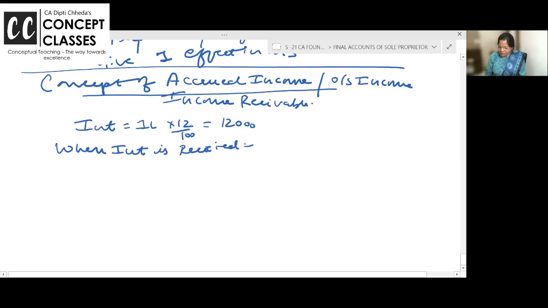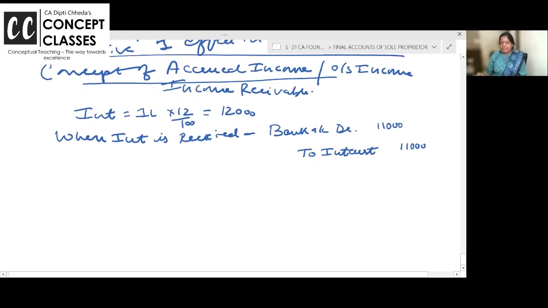What entry will you pass for the 11 months interest received? Bank account debit to interest. Bank account debit to interest when interest is received for 11 months.